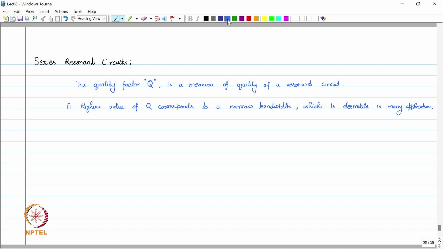So for a definition, the Q is the ratio of power stored to the power dissipated.